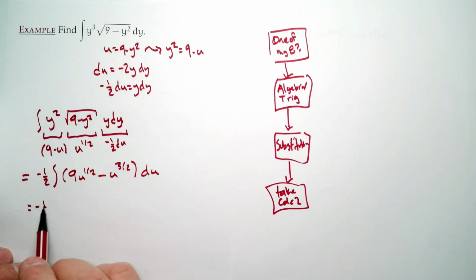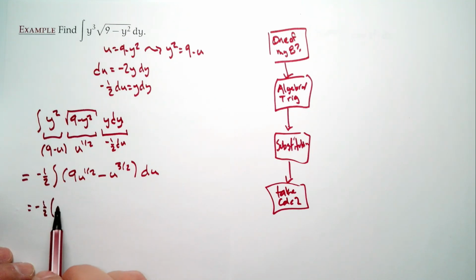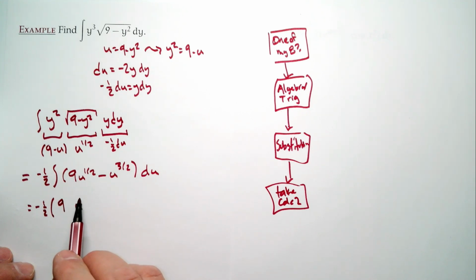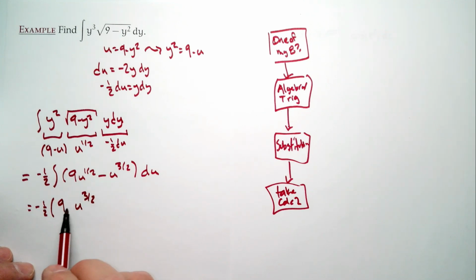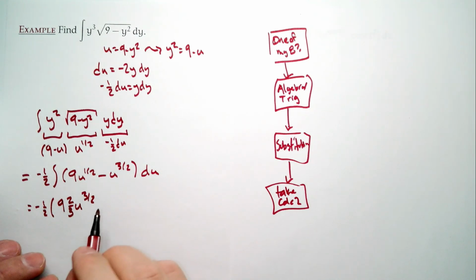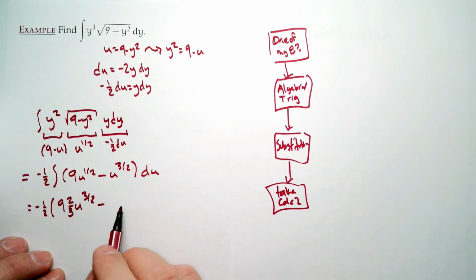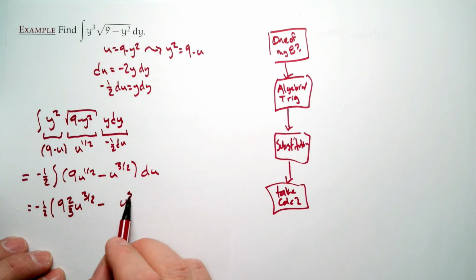So we get minus a half. Then we have 9. The integral of u to the 1/2 is u to the what power? 3/2. And then you multiply in front by 2/3, because you divide by the exponent, which is the same as multiplying by the reciprocal. Minus, okay, u to what power? 5/2.